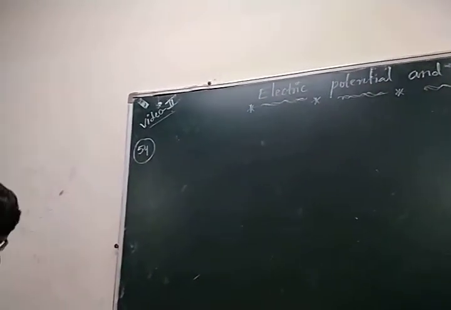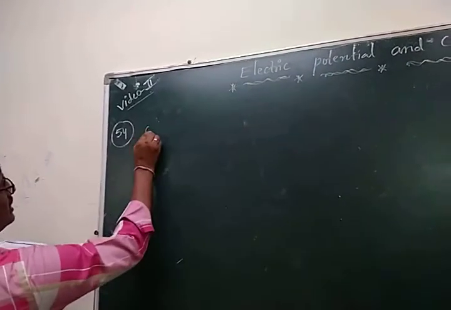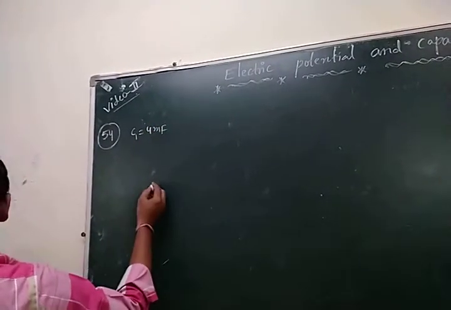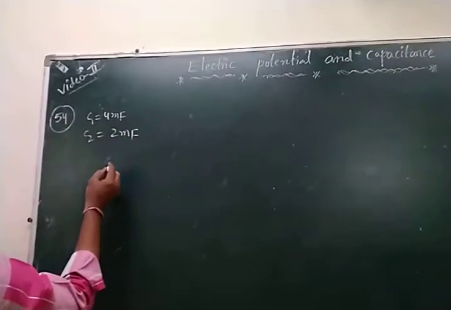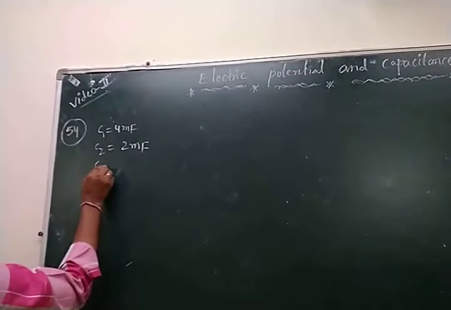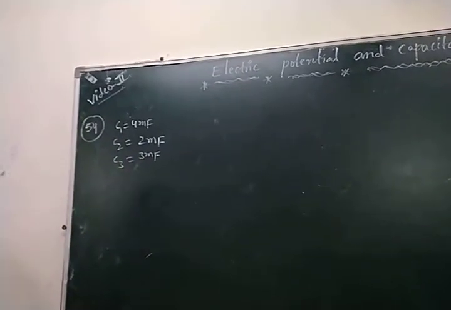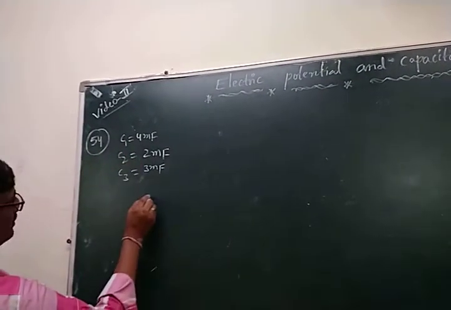Question number 54. Three condensers of capacity C1 is given 4 millifarad and C2 is equal to 2 millifarad and C3 is equal to 3 millifarad are connected such that 2 and 3 are connected in series. 2 and 3 that is connected in series.